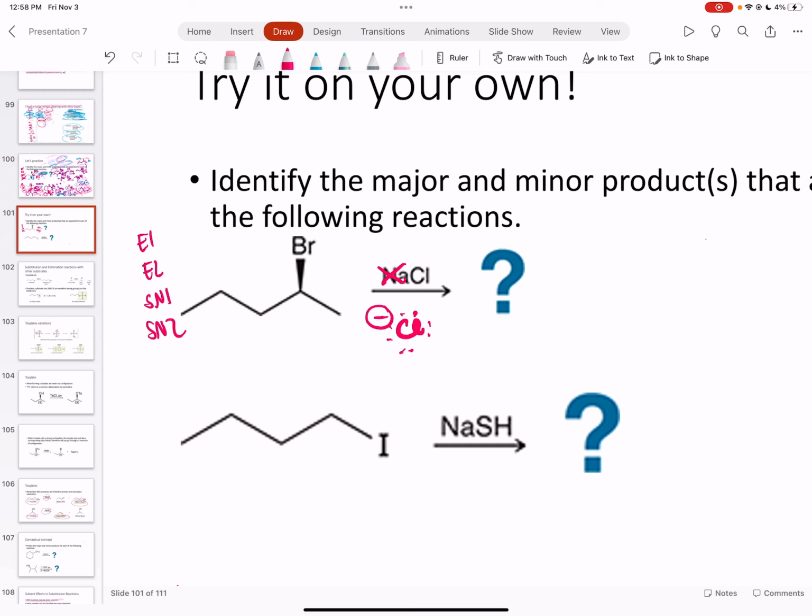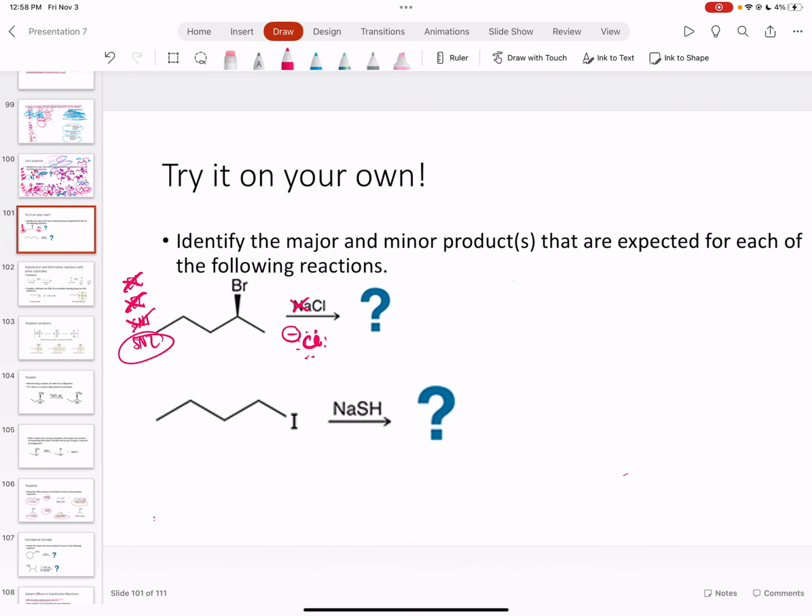We said when it's really, really reactive, just like a chlorine by itself, no hydrogens or anything, and especially a negative, we can eliminate E1 or SN1 right away. But for E2, we normally have a hydrogen next to it, not just chlorine by itself or bromine by itself. So E2 won't be able to happen. SN2 is going to be able to happen. Remember, SN2 happens everything at once, simultaneously.